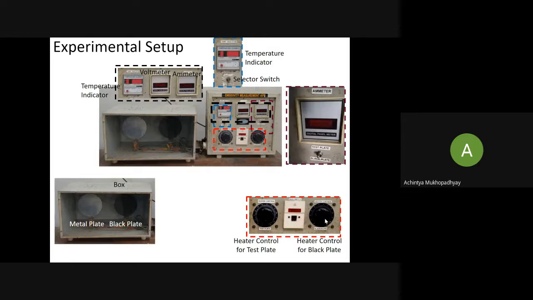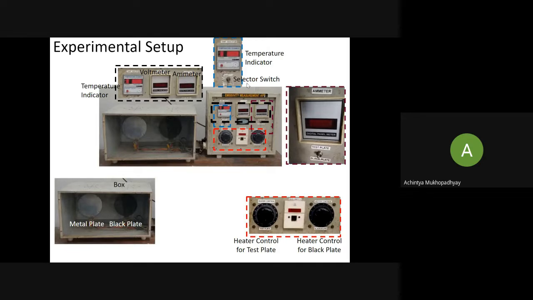And then there is a voltmeter and ammeter and a temperature indicator. The same voltmeter, same ammeter, and the same temperature indicator will be giving you readings for both the test plate and the black plate. But for that you have to use this selector switch, right?